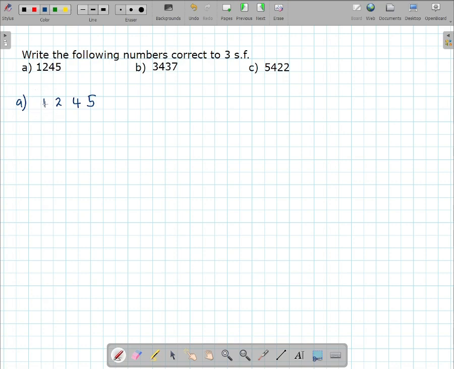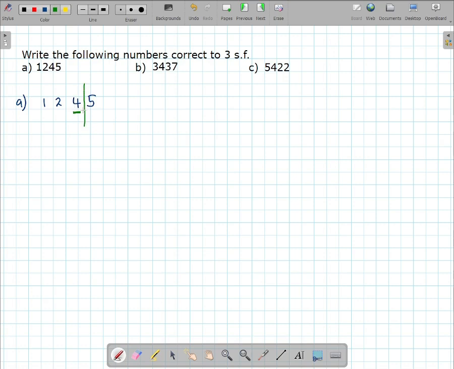So we need to find the third SF: first SF, second SF, third SF. I'm going to underline the third SF. Then after that I put a small separation like this.